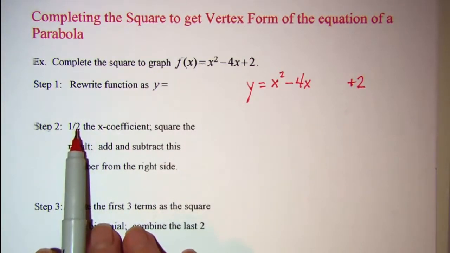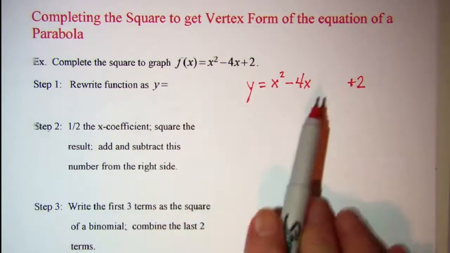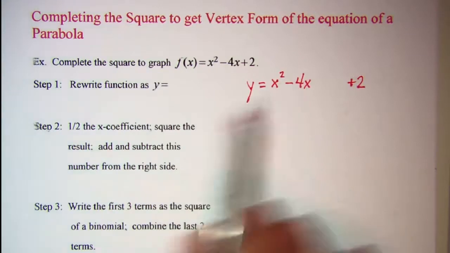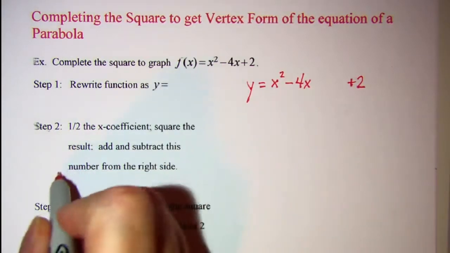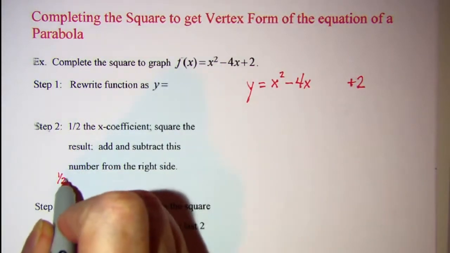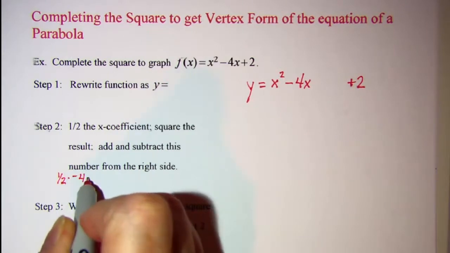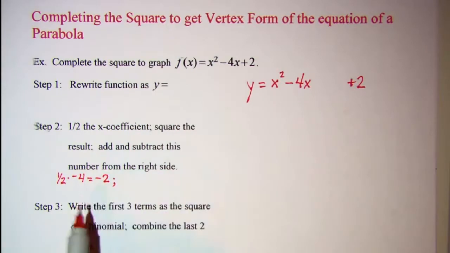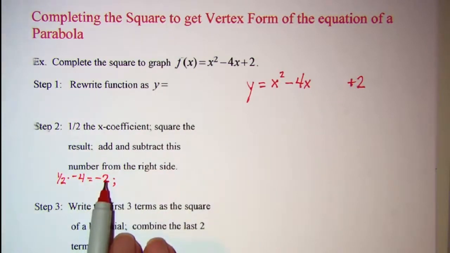Right. Now I want to half the x coefficient. My x coefficient is -4, so I want to take half of that. So that gives me a -2.